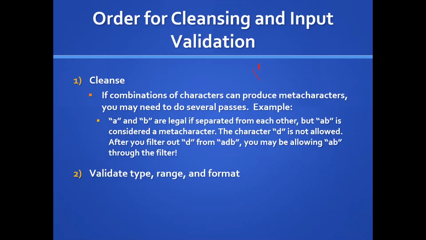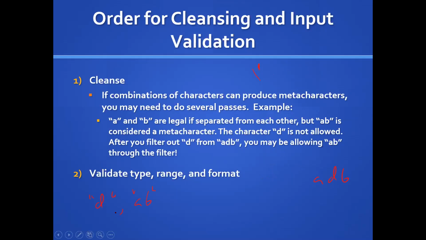But what we might have is that D and AB are not allowed, and you have a filter with a list of these characters. If I see them, get rid of them. But ADB is allowed, because it's not in the list.